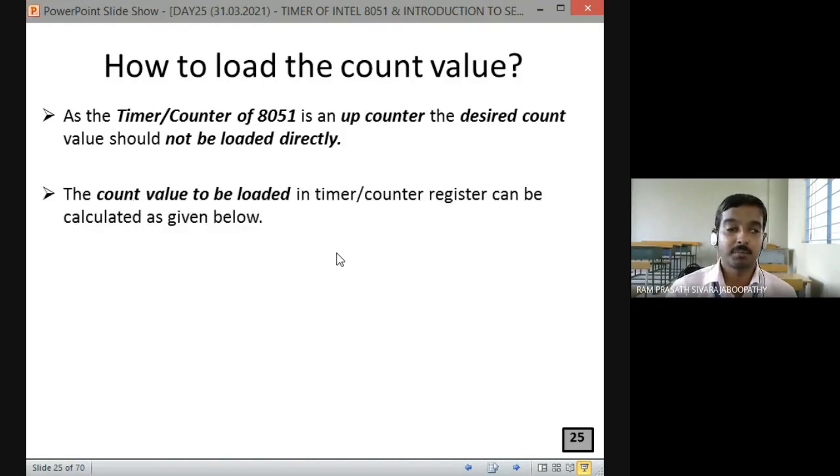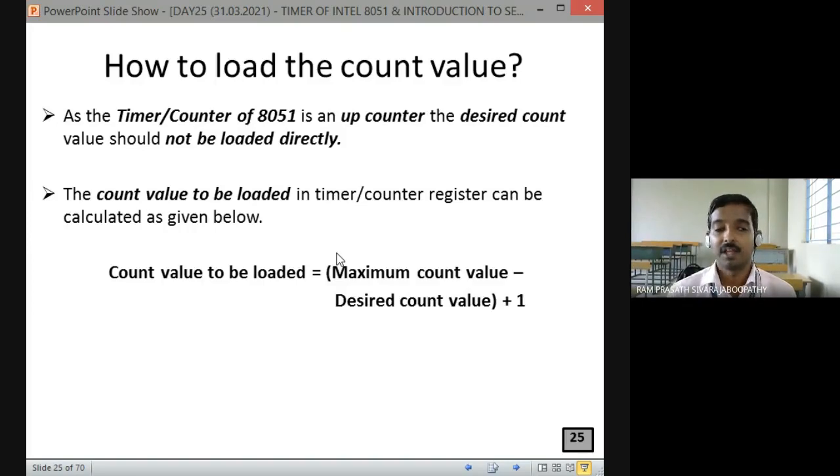The count value to be loaded must be calculated using this concept: maximum count value minus desired count value plus 1. Can you say a desired count value?